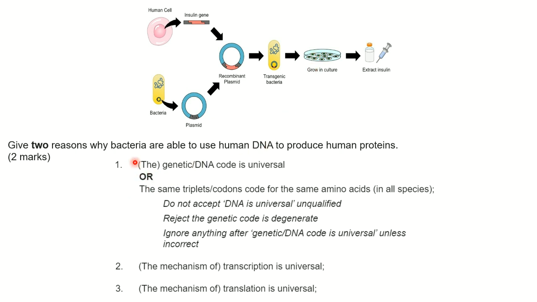Number 1, you can say the DNA code is universal, so we have the same coding for the same amino acid in all species. And the mechanism of transcription and translation is universal as well, the same in bacteria. We also know that translation occurs in bacteria because bacteria have ribosomes as well.